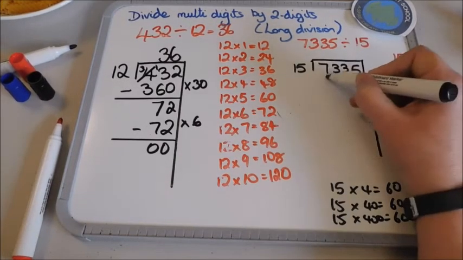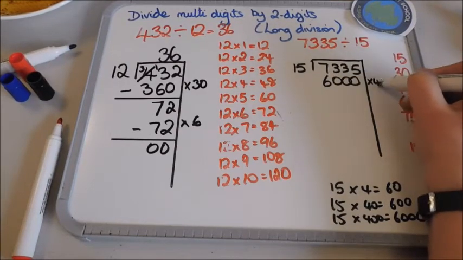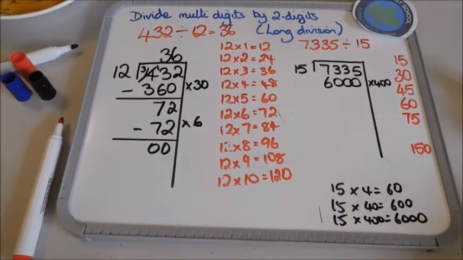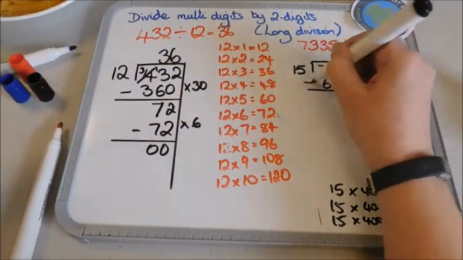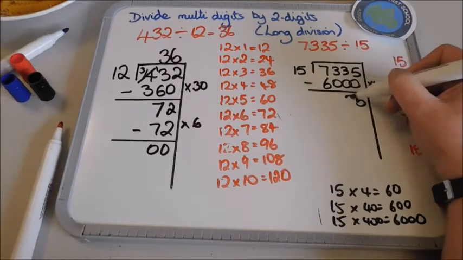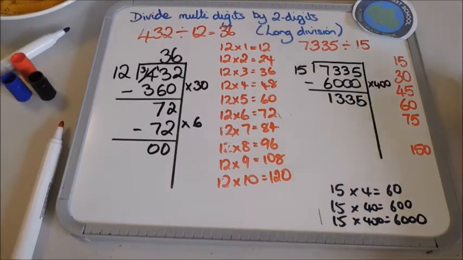So I'm actually going to use the 6,000, which was multiplying 15 by 400. I'm using this fact family to help me. So I'm going to deduct that. 5 take away nothing is 5, 3 take away nothing is 3, 3 take away nothing is 3, 7 take away 6 is 1.